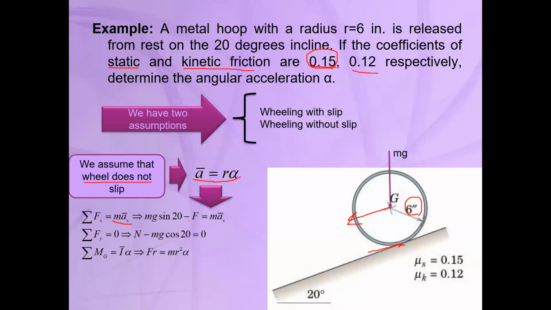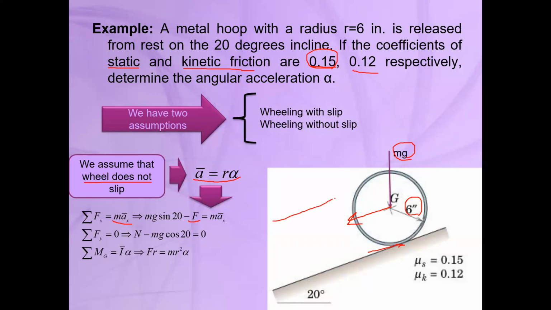We know that this is the friction force. If you write the force equation in x direction, we will have the x component of the weight, which is mg times sine theta, minus F. It must be equal to the mass times the acceleration in x direction. And again, you can write the force equation in y direction.